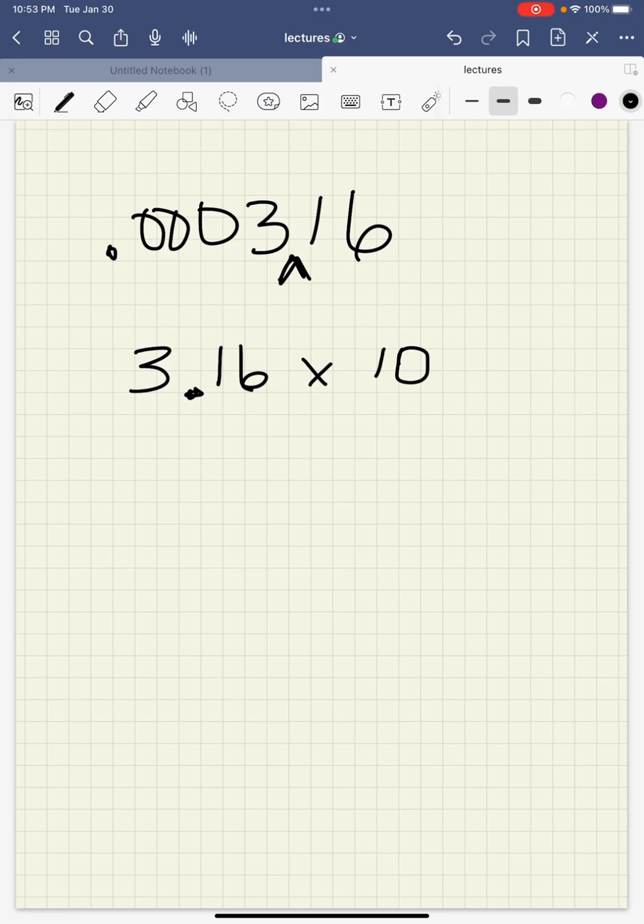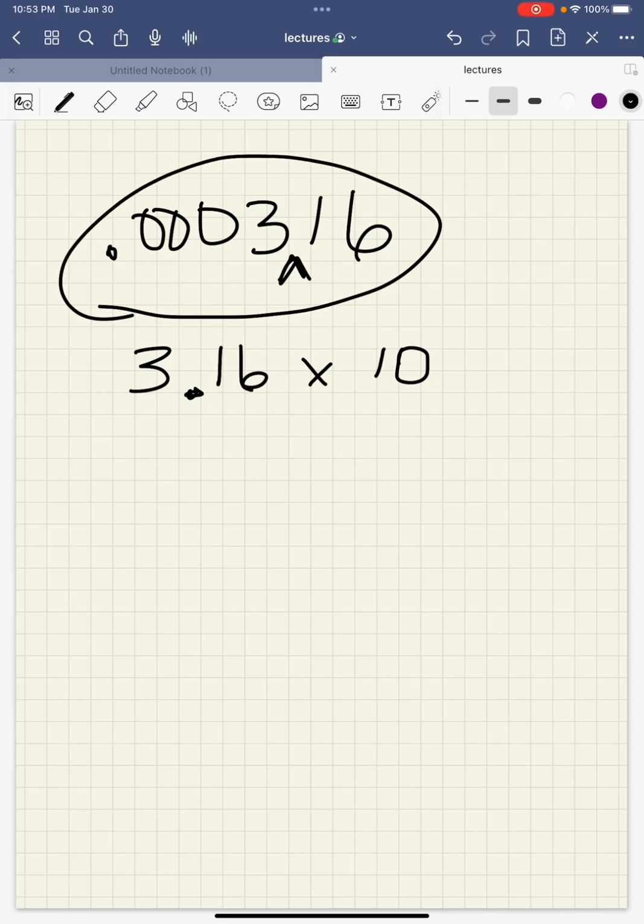So remember, look at this number right here. Is that number less than 1 or greater than 1? It's less than 1. So that's going to tell me that the sign on my exponent is going to be negative. And now we count the number of places that we have to move that decimal. So it's over 1, 2, 3, 4. So times 10 to the negative 4.